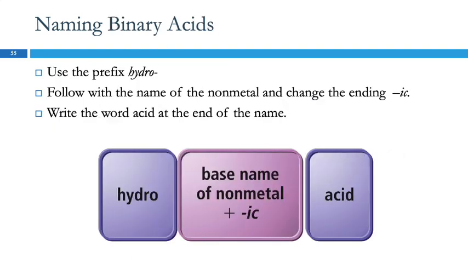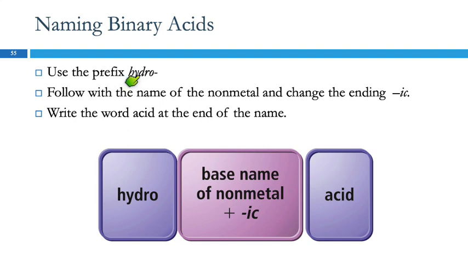The book calls these binary acids, and the reason I take issue with that is that there are some acids that are named as binary acids even though they have more than two elements. It just bugs me. But they don't have oxygen, so they fall into this doesn't have oxygen category. So you've got hydrogen and nonmetal but no oxygen.